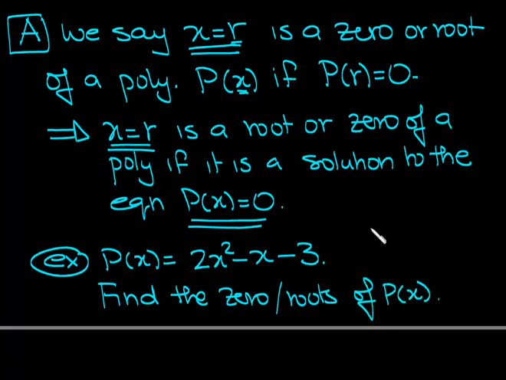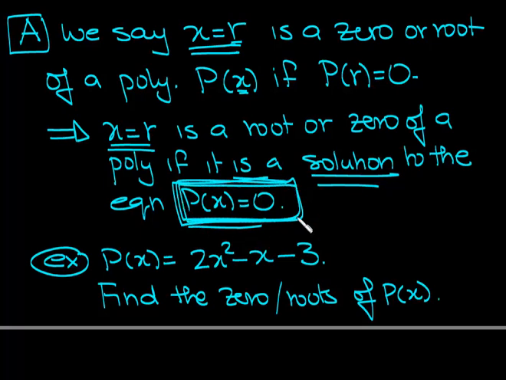What did we say to do? We need to find the solution to this equation. You take p of x and set it equal to 0. So let's do that.